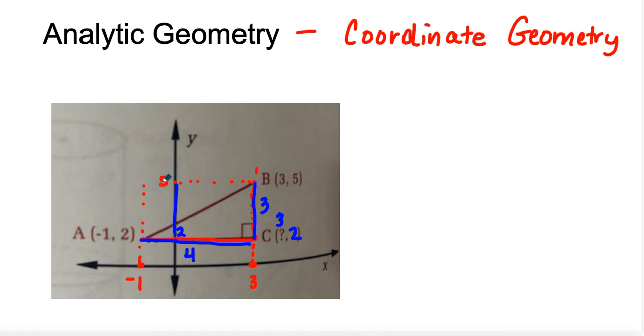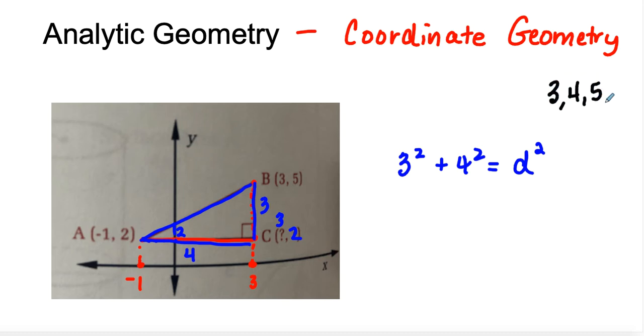So if I asked you to find the length of the hypotenuse of the right triangle, you could now use the Pythagorean theorem. You could do 3 squared plus 4 squared equals, we will call that d, the distance squared. Some of you might be saying, oh my gosh, that's the 3, 4, 5 Pythagorean triple. Others may not.